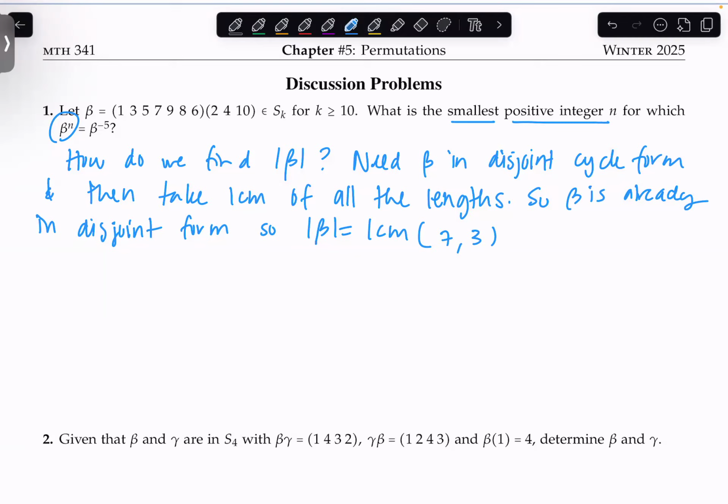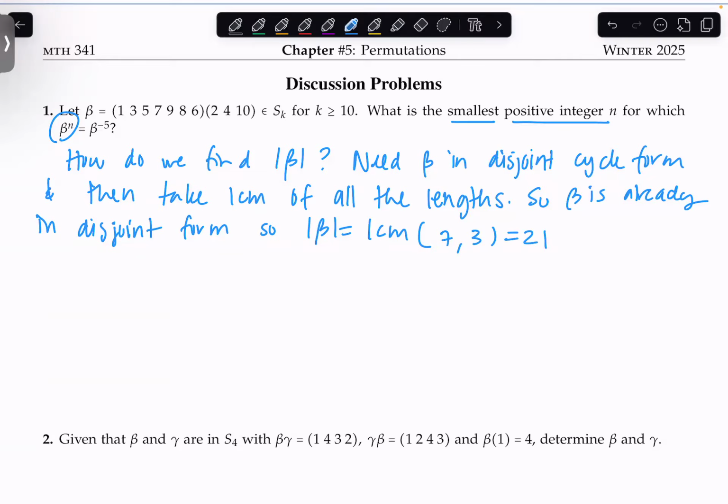And so I count, I have 1, 3, 5, 7, 9, 8, 6. I have a total of 7 numbers showing up in here. So a length of 7 for the first, then 2, 4, 10. I have 3 numbers showing up here. So a length of 3. And so what is my LCM here? 21. Right, these are relatively prime to each other.